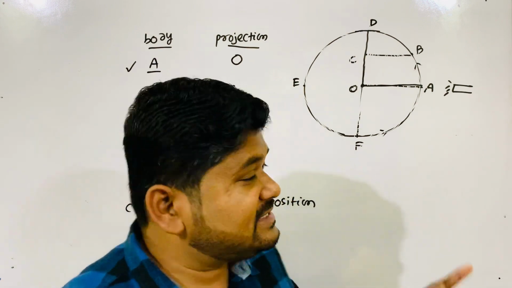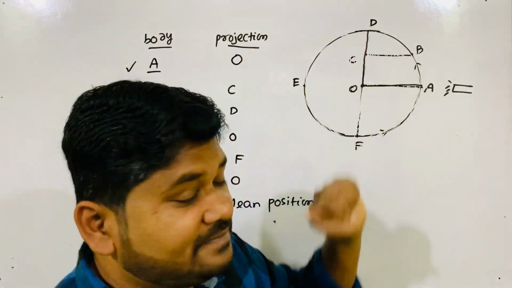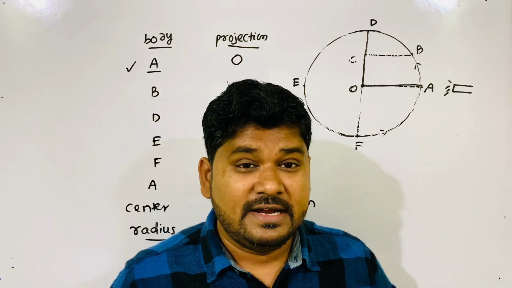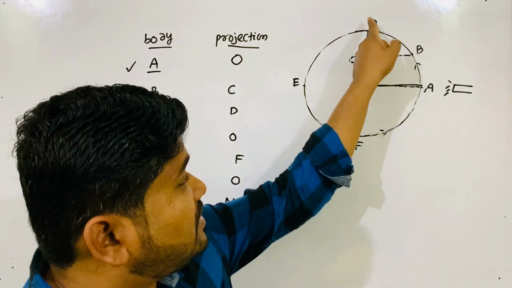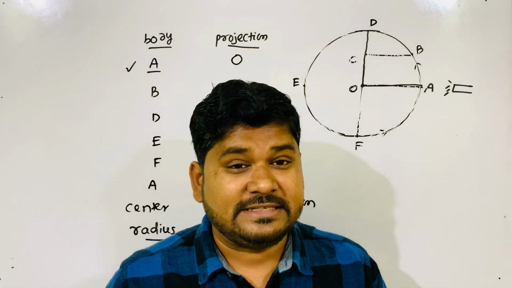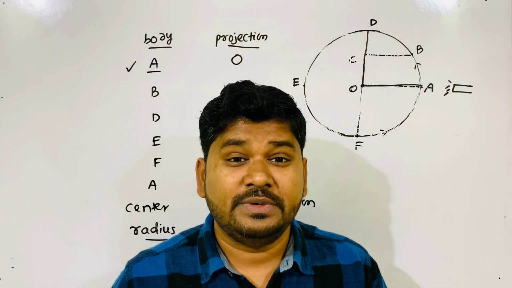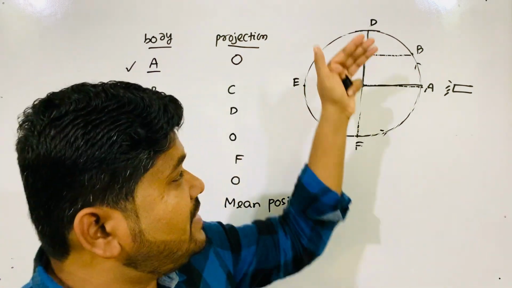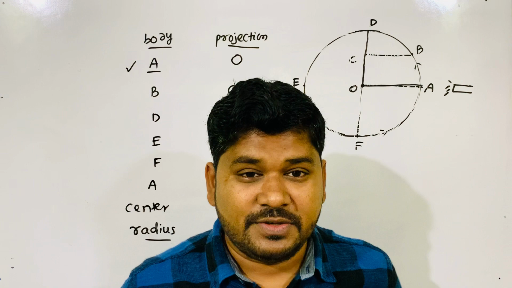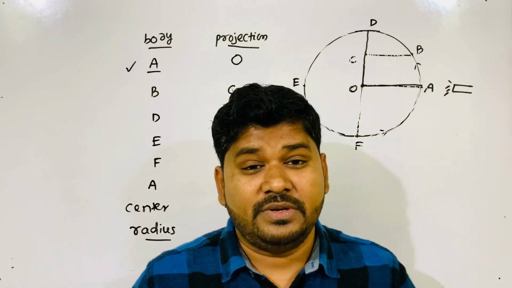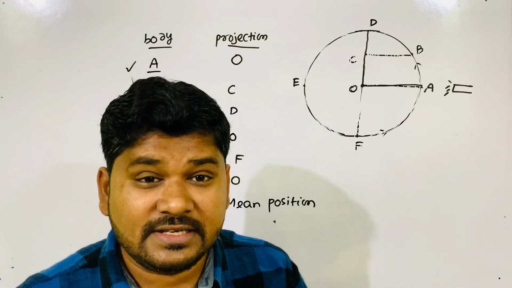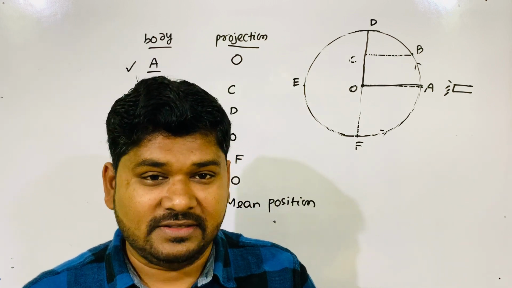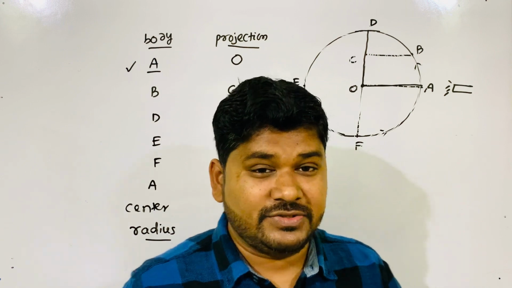Means the projection moves a maximum from O to D. From the mean position, the displacement is maximum from O to D. Maximum displacement from the mean position on either side, maybe that side, maybe this side, is called the amplitude.